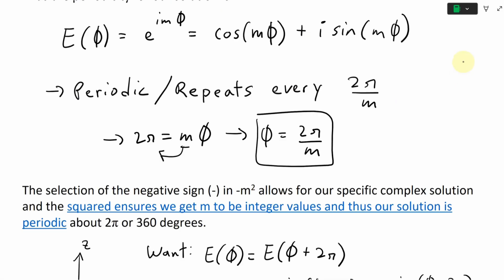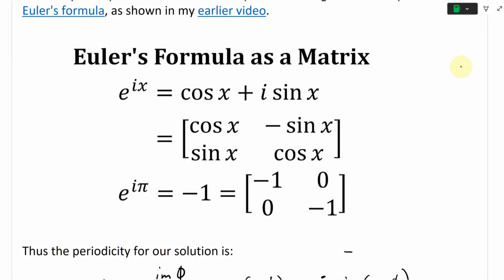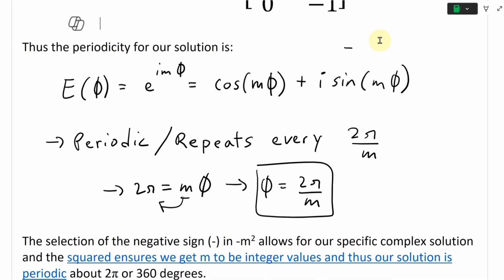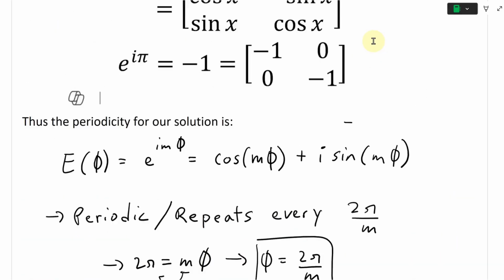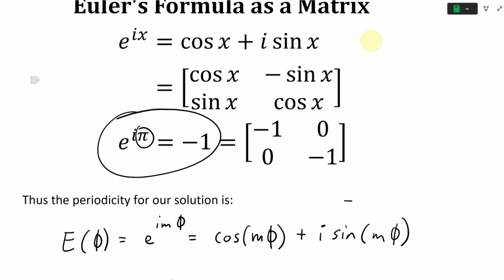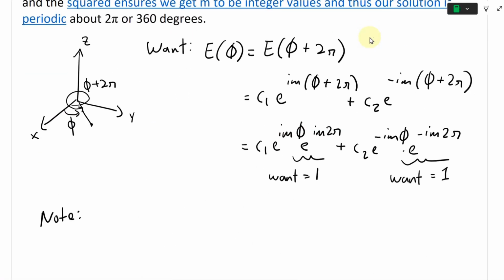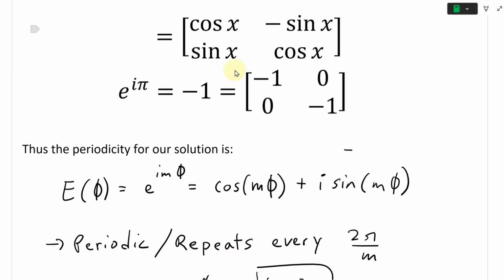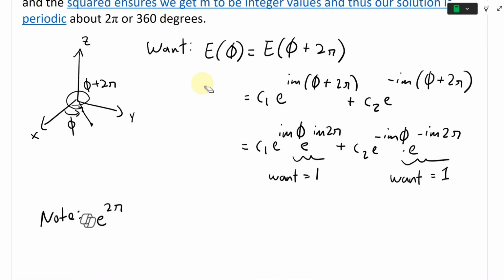Also note, this is Euler's identity, but we're going to deal with 2 pi. This one is pi, but if we want to deal with 2 pi, note that e to the I 2 pi, we just plug this into our equation.